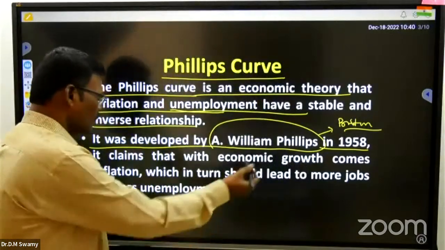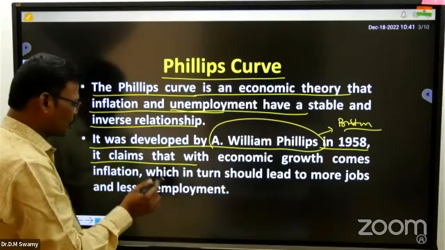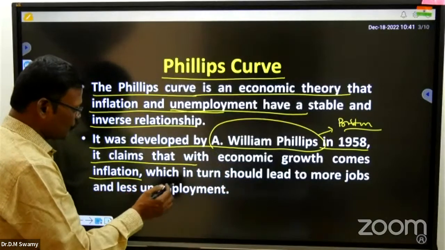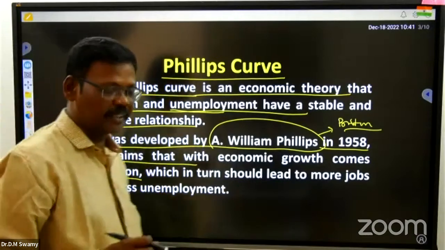It claims that with economic growth comes inflation, which in turn should lead to more jobs and less unemployment.